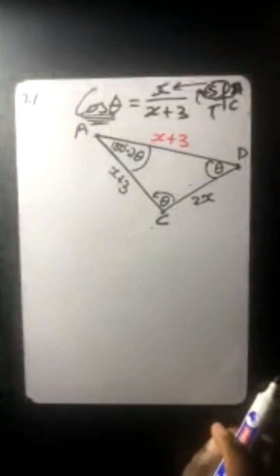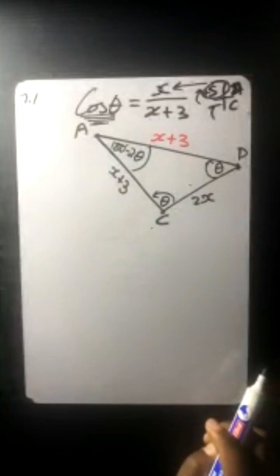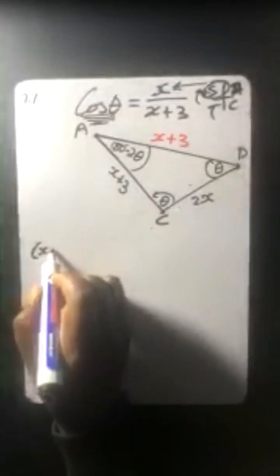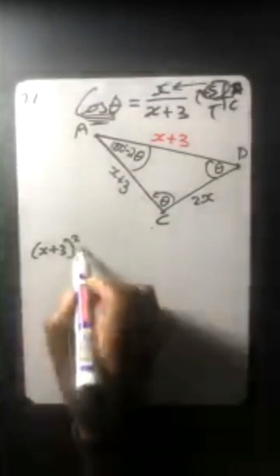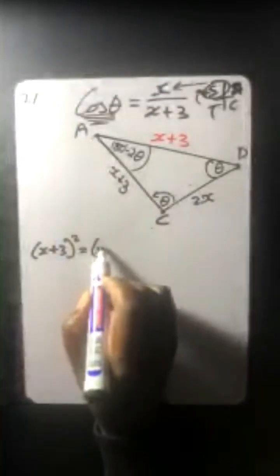So that means this side being the answer, which is x plus 3, remember squared, is going to be equal to, you can say this side, what is that side?